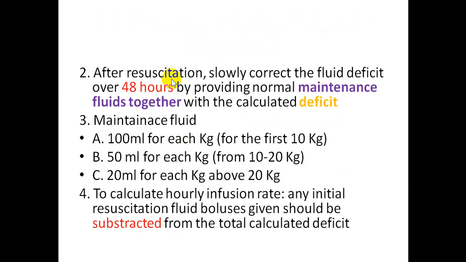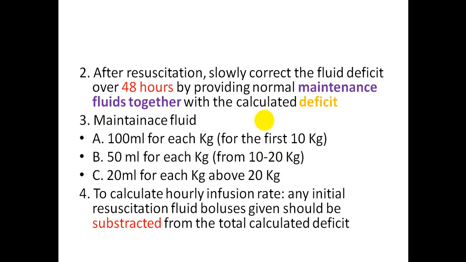After resuscitation with the fluid shoot, we need to correct the fluid deficit over 48 hours by providing normal maintenance fluid together with the calculated deficit. The maintenance fluid can be calculated from the following criteria. For the first 10 kilograms we need 100 milliliters per kilogram, for each kilogram from 10 to 20 we need 50 ml, and 20 ml for each kilogram above 20.